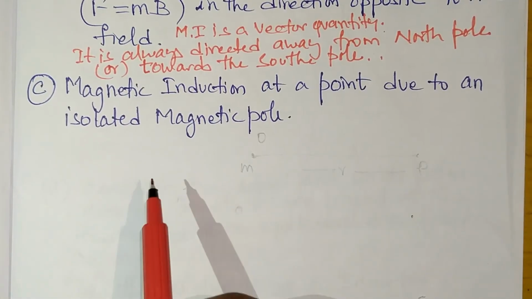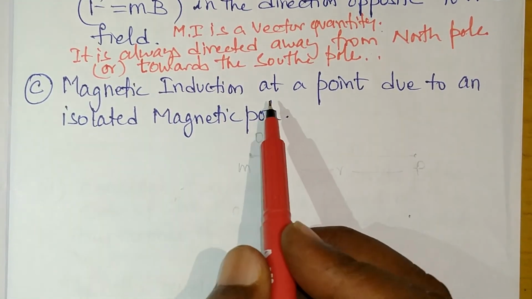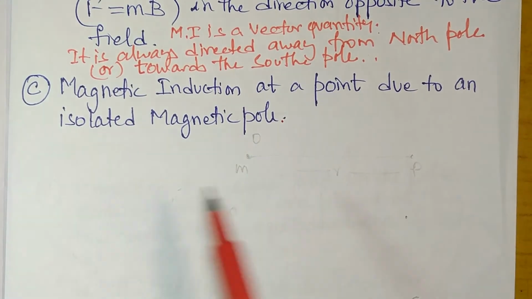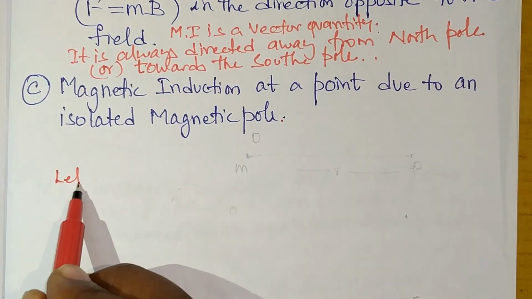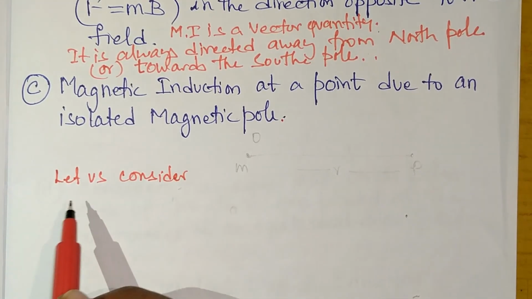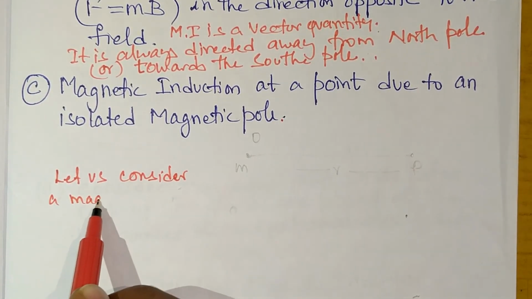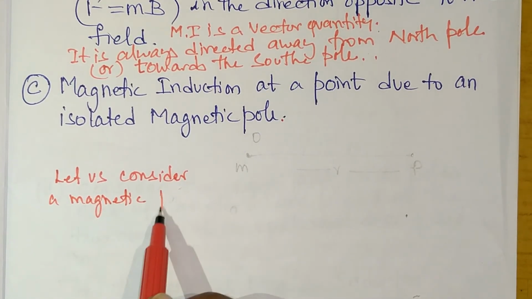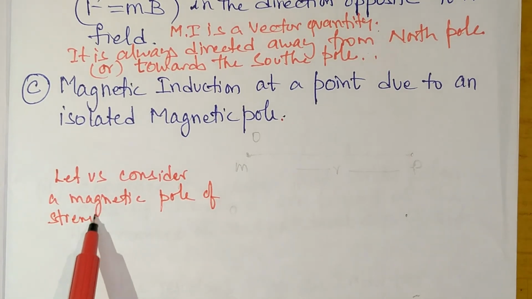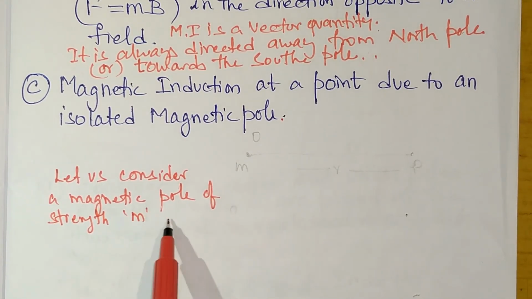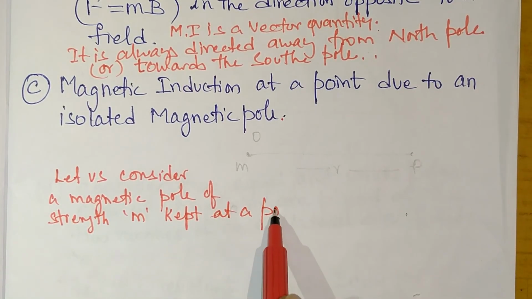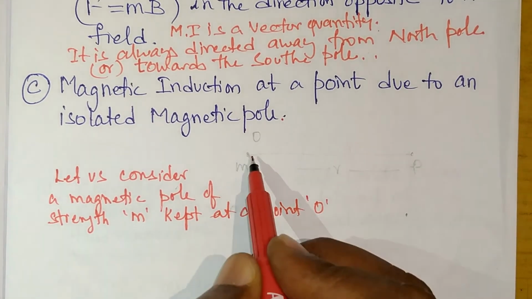Yes, ma'am. Now, to find the magnetic induction at a point due to an isolated magnetic pole, let us consider a magnetic pole of strength M kept at a point O. So I will mark it here.